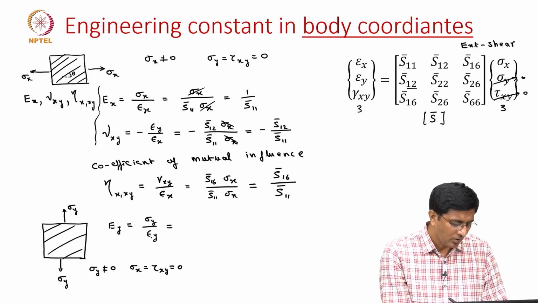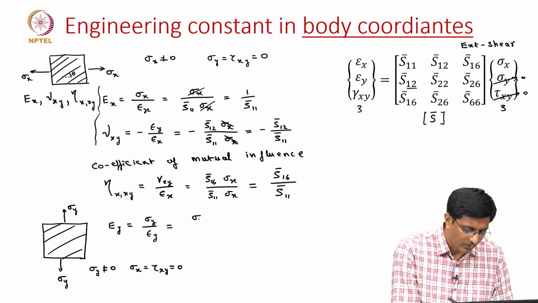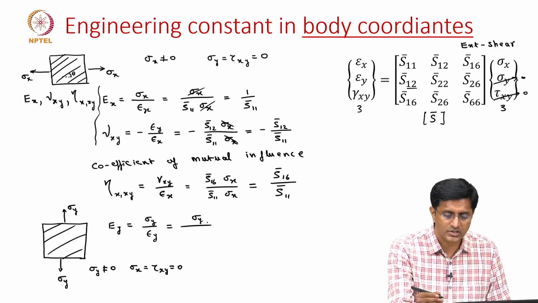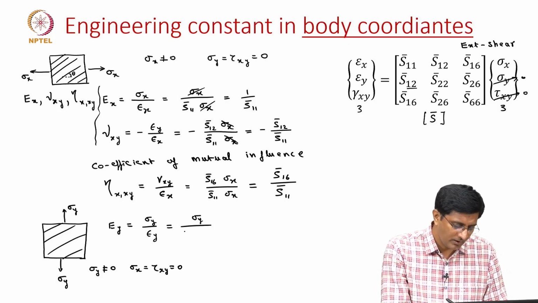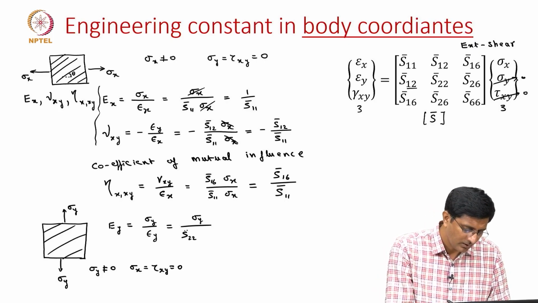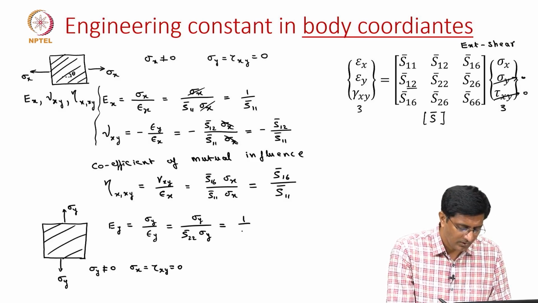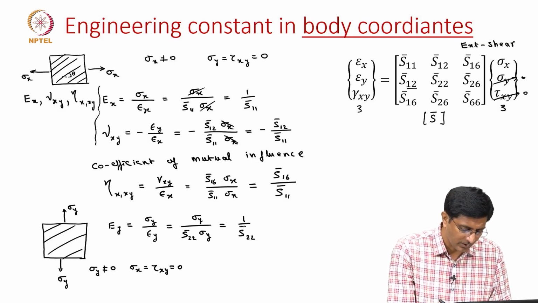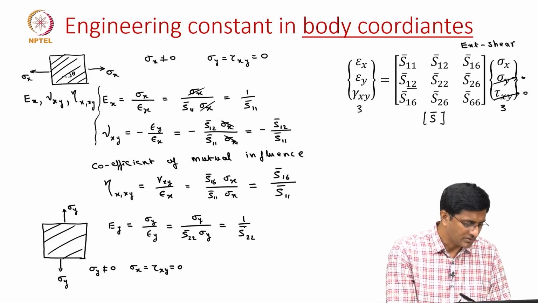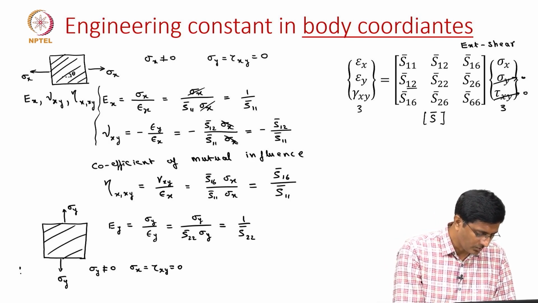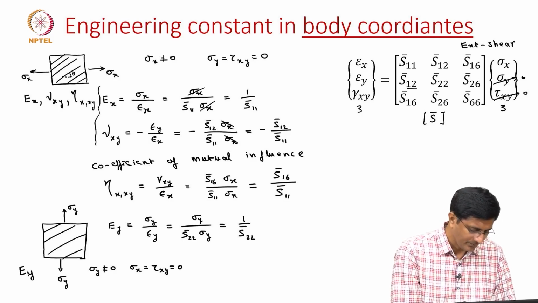So in this case how can I write epsilon y using this strain stress relation? One should be able to write it as S22 bar times sigma y, which should give you Ey as 1 by S22 bar. So from the second experiment I should be able to write this new elastic constant Ey.